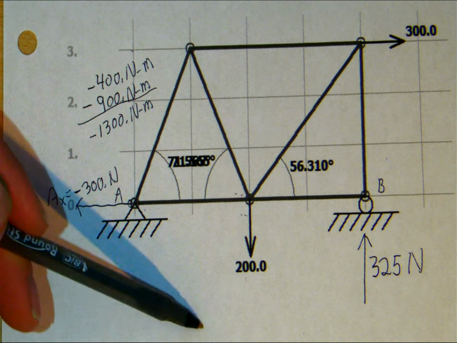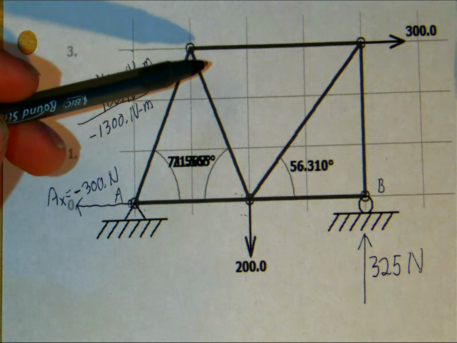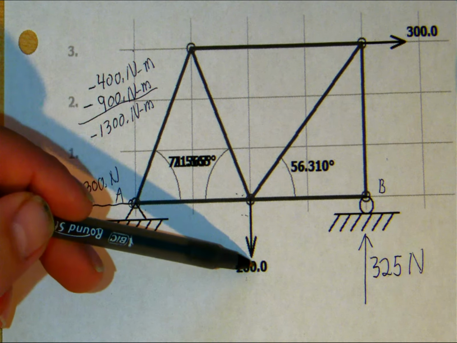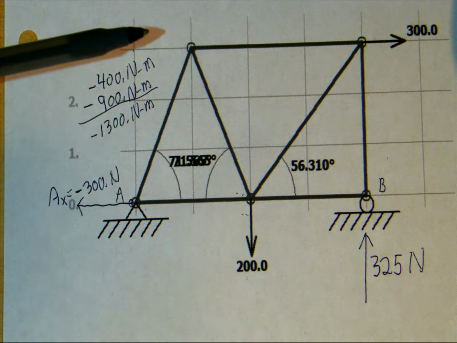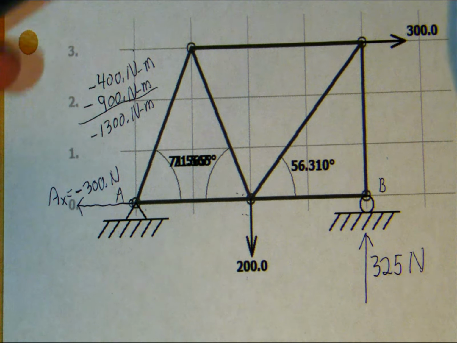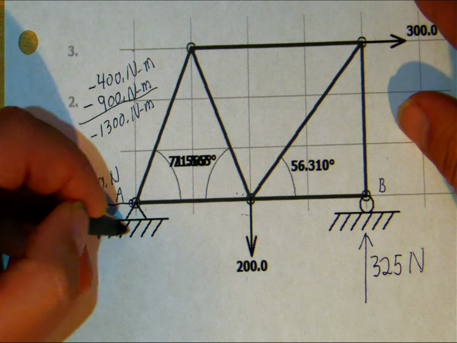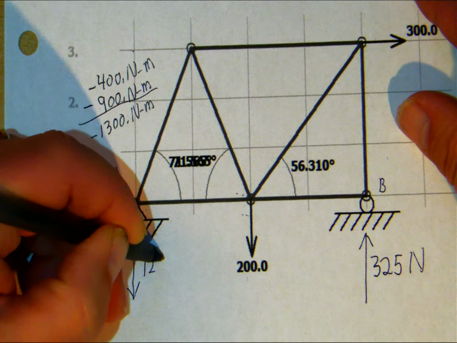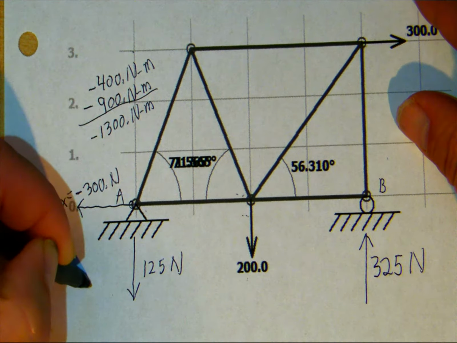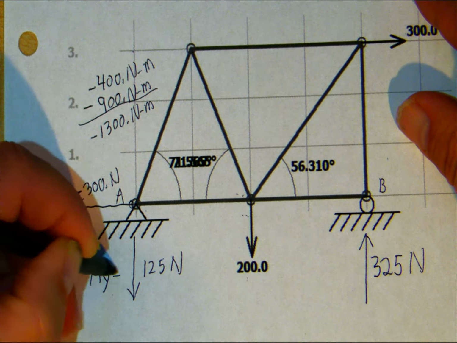The sum of all the forces in the vertical direction has to add up to 0. So if I have a 200 Newton load pushing down and a 325 Newton load pushing up, then I need a reaction force through A that is 125 newtons pushing down.